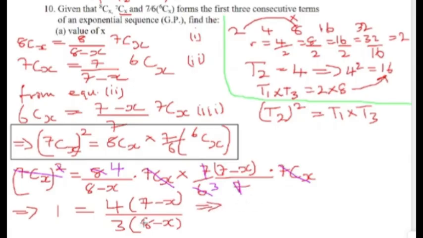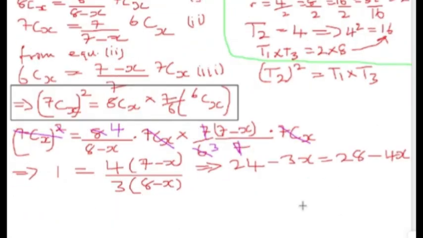If we cross multiply, this will come out 3 times 8 is 24, so this will be 24 minus 3x. Everything will be multiplied by 1, it changes nothing. Then the right hand side, 4 times 7 is 28. Then 4 times minus x gives us minus 4x. So we collect like terms.